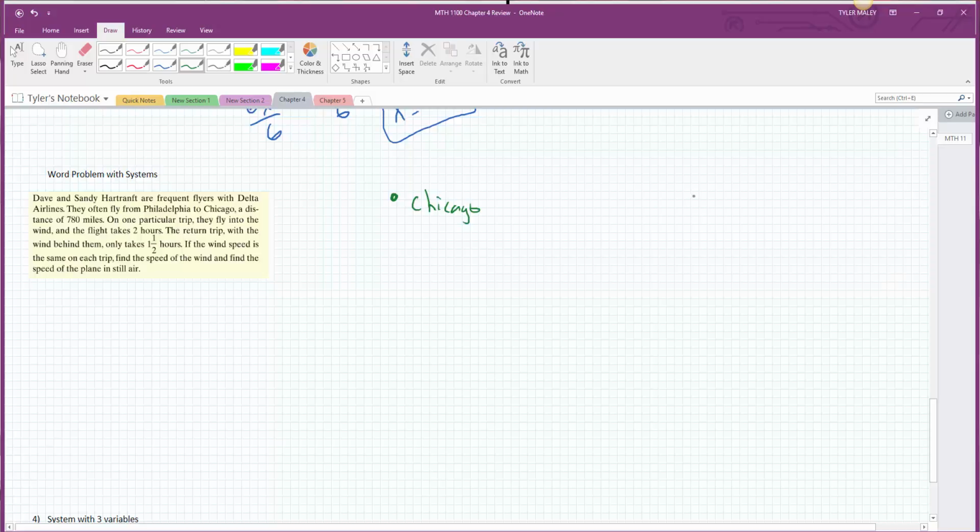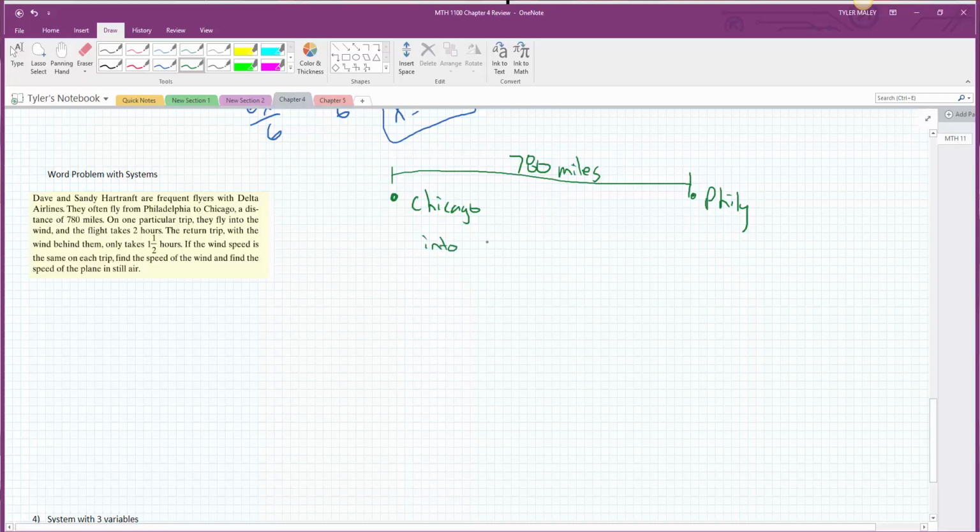So we have Chicago and we have Philly over here. So flying from Chicago to Philly is 780 miles.